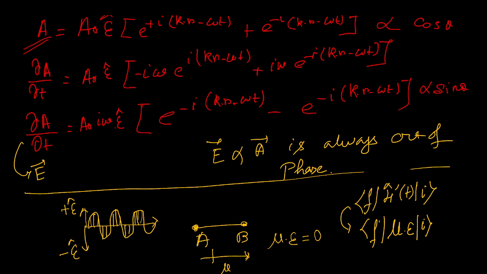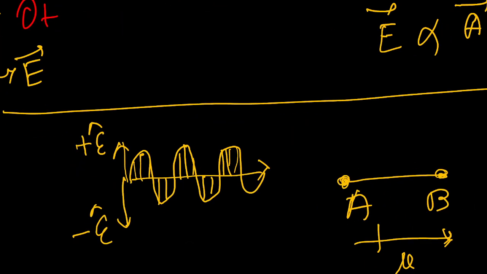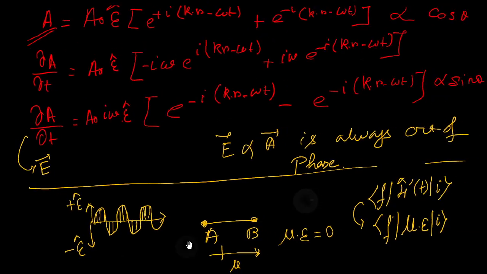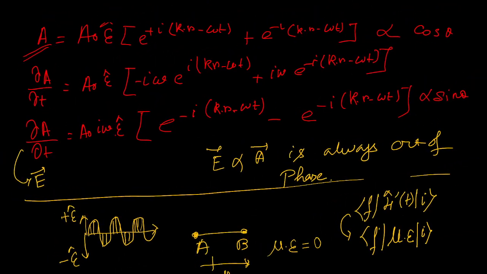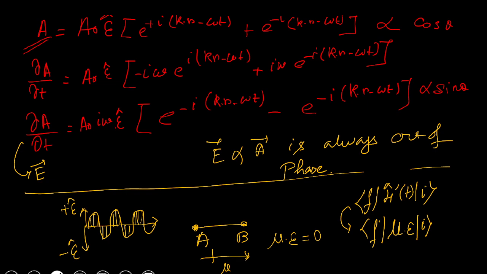But if the molecule is aligned like this, like that, in any fashion, then this mu dot E is not 0.